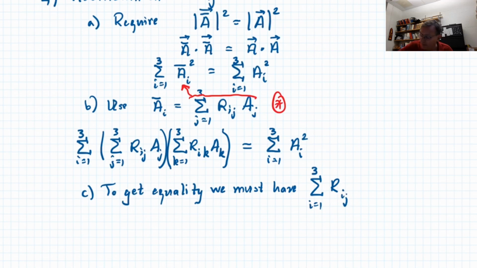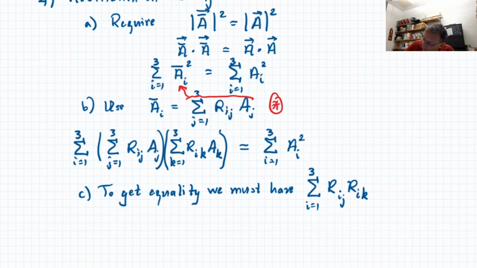Look carefully, that's R_ij R_ik. I took just the product of the R's and one of the sums, the I sum, because it's the I index on the R's that's common in the two terms, right? And I contend that that sum over I must be this wonderful quantity that some of you may have seen before, called the Kronecker delta jk.